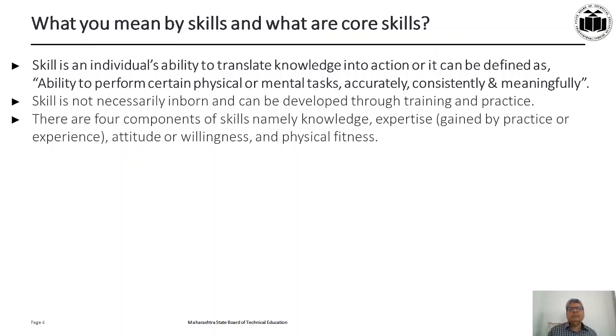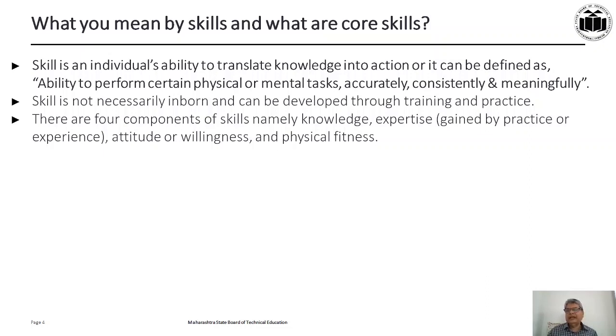There are four components of skills, namely knowledge, expertise, attitude or willingness, and physical fitness. So skill means sum total of knowledge, expertise, attitude, and physical fitness. First you must have knowledge about that job you are performing.